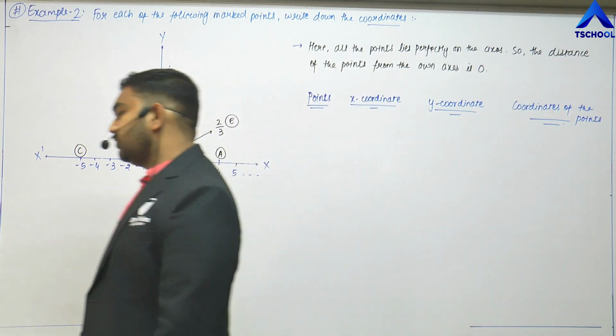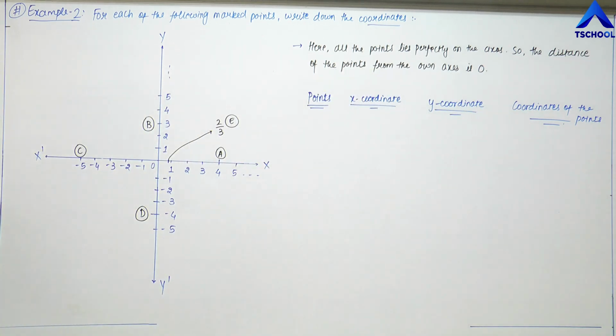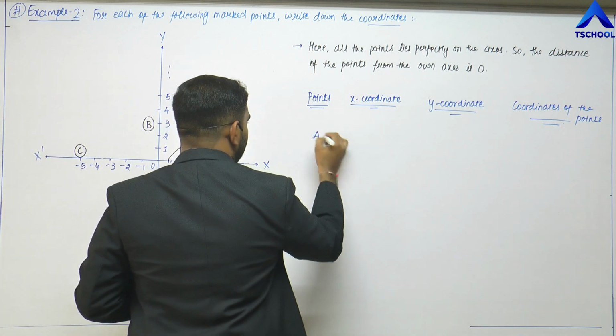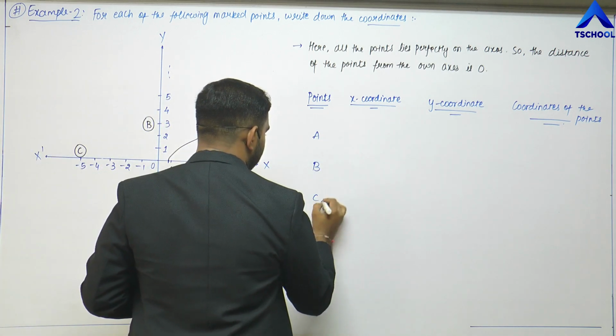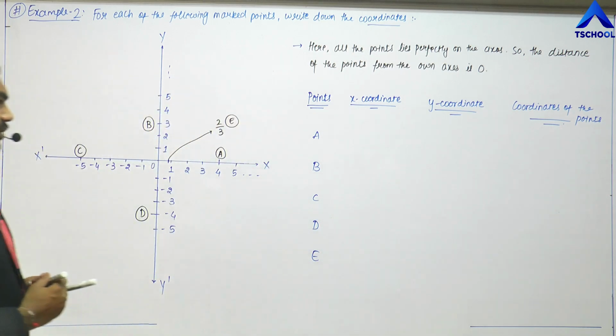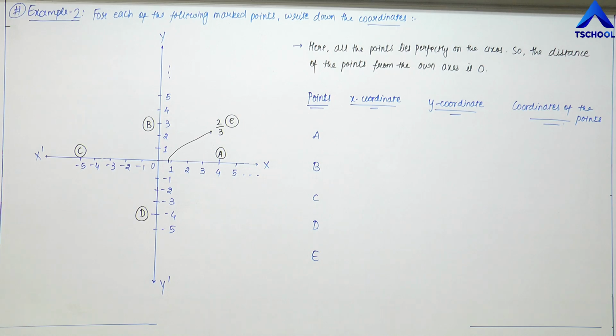So here we are having 5 points. The first one is A, B, C, D and E. For these 5 points we need to write down the x coordinate and y coordinate.